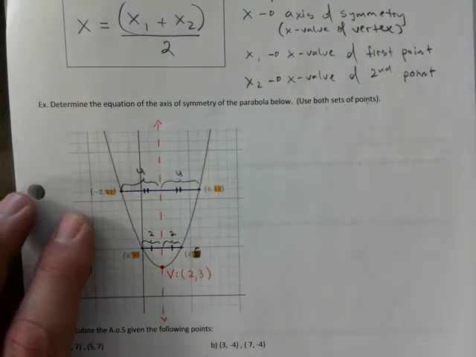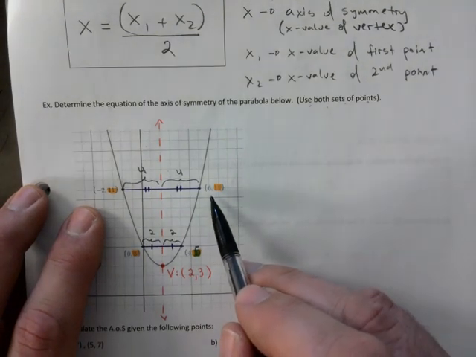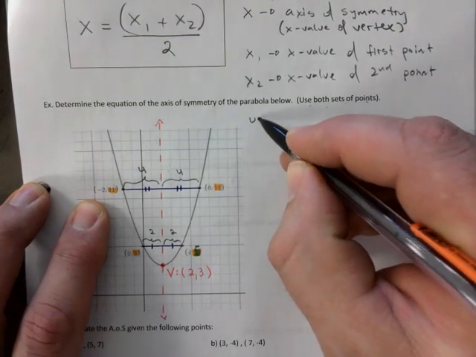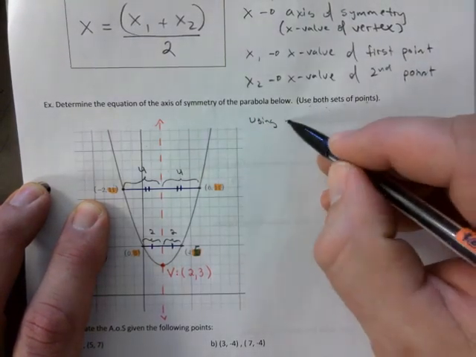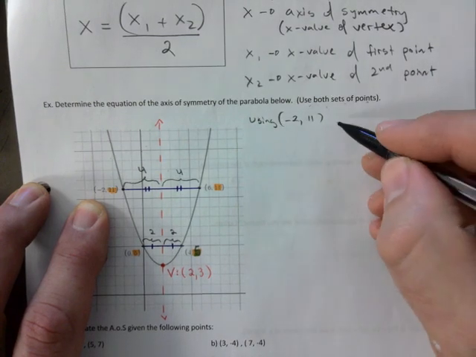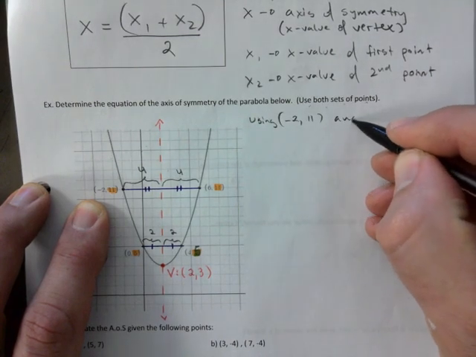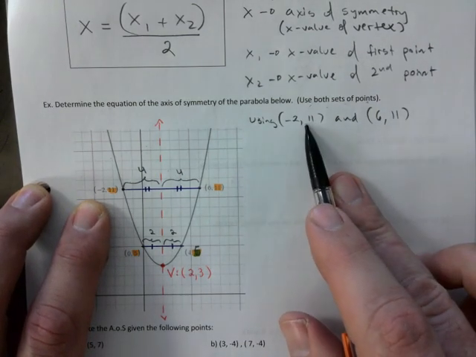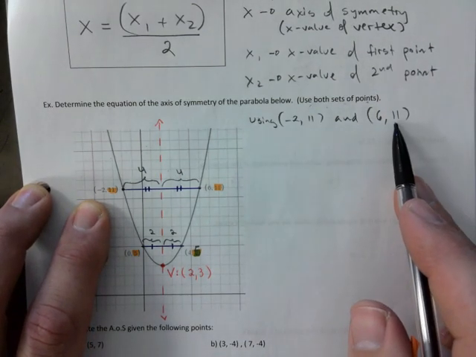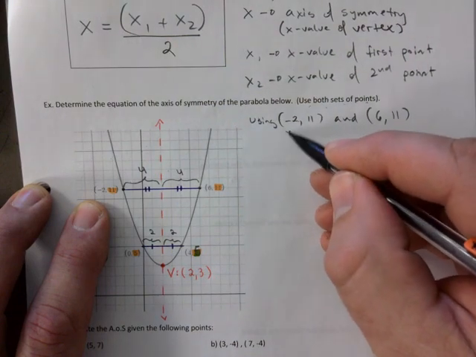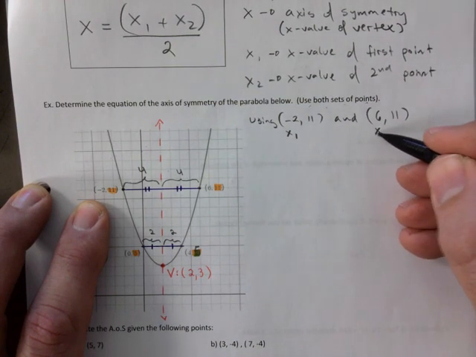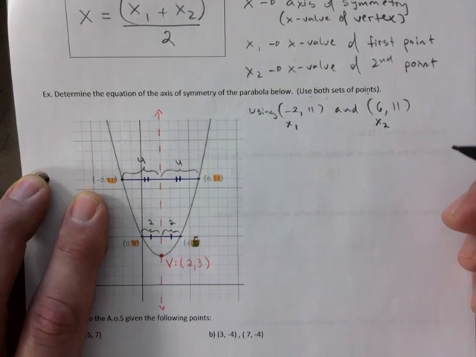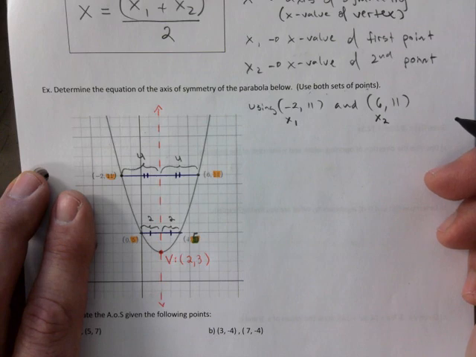So let's see here. If you use these 2 points here, using (-2, 11) and (6, 11), you notice that they both have the same height. We make this our x1 and this our x2. Do you remember x1, y1, x2, y2 to find a slope?